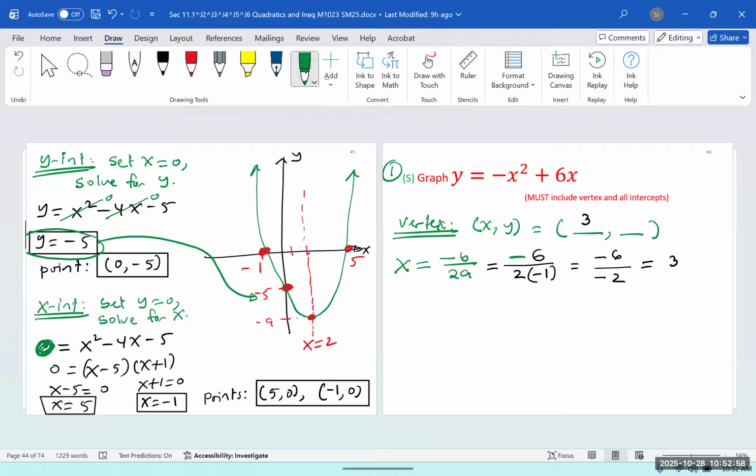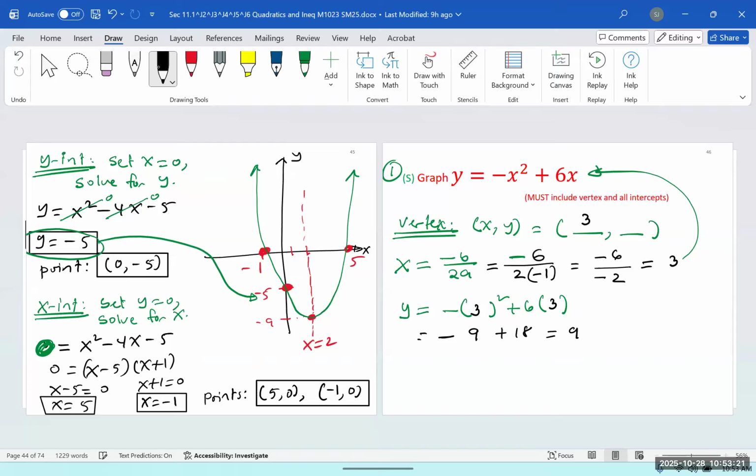That means to find the y value, what do we do? We plug back into the original equation. So it goes back here. 3 square, so we get negative 9 plus 18. That gives us 9. So the y value of the vertex is 9.